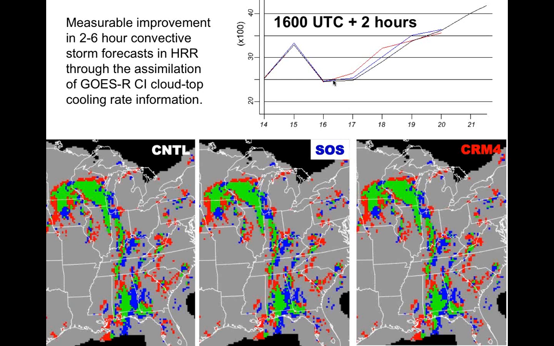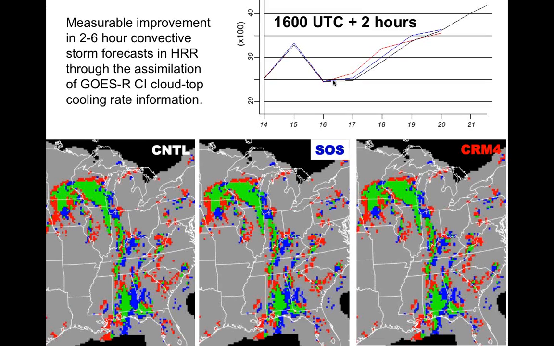And then this other slide, number 35, is kind of a busy slide. It shows a control. The SOS in the middle is our strength of signal, or our GOES-R CI indicators of new storms. And the fact that the blue line is above the black line is a very good indication that at least from hour 16 to 20, we're seeing an improvement in, I think that's the CSI score.